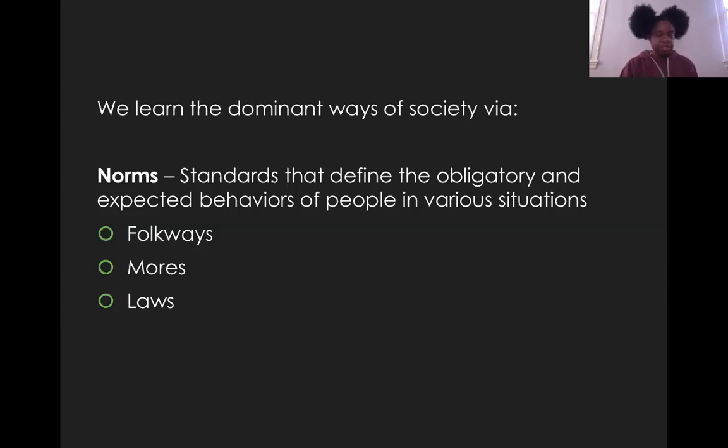These are things that we learn. These types of norms we can learn through all different types of agents of transmission. We can learn them through our parents, through our friends and peers, through our experiences within the educational system, religious institutions, the state, etc. But they're not written down.